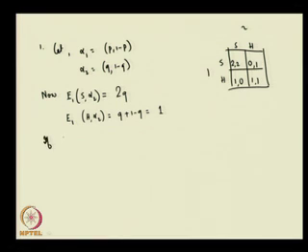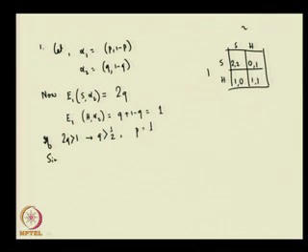So, if 2Q is greater than 1, which means Q is greater than half, the expected payoff from S is greater than the expected payoff from H. So, in that case S will be played with certainty, which means P is equal to 1.